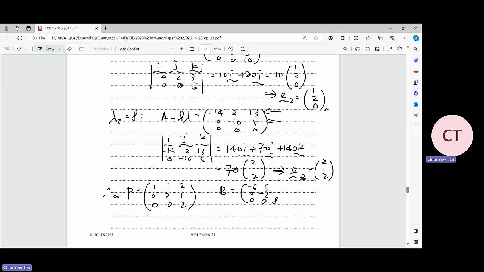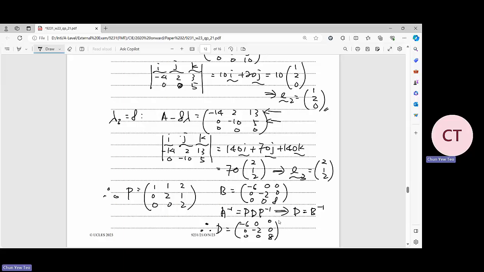So this is the diagonal matrix. For this relationship to be fulfilled, your D will be the B inverse. So therefore, your D is equal to the negative 6, 0, 0, 0, negative 2.